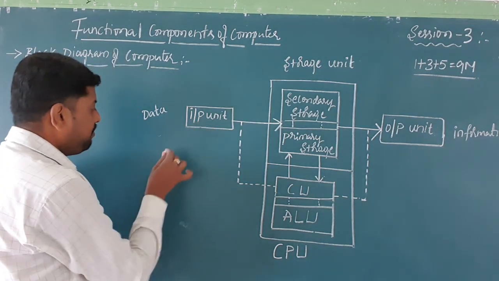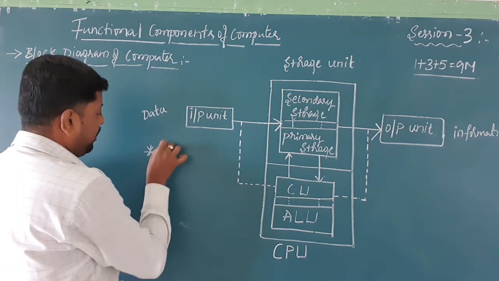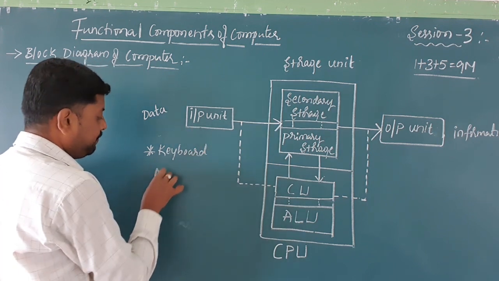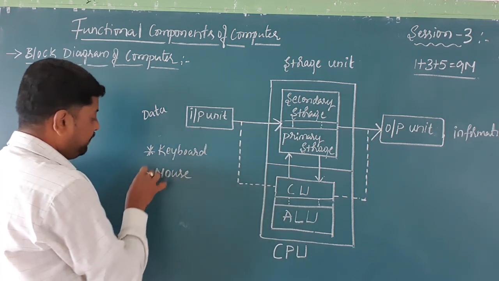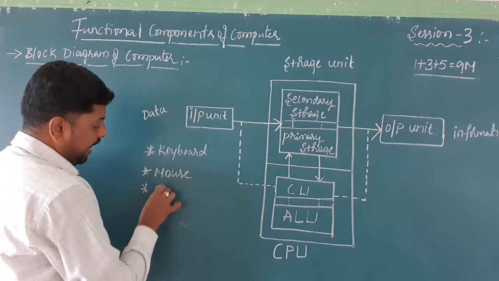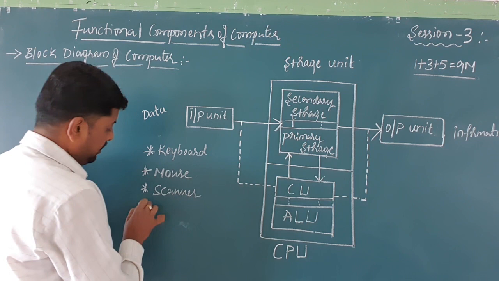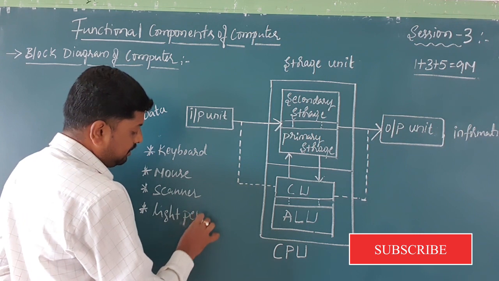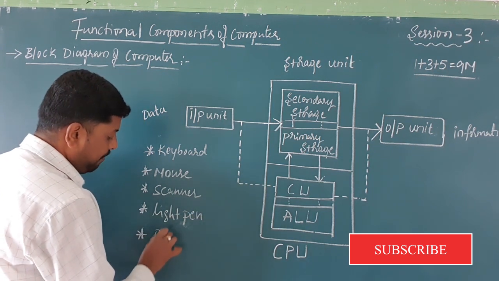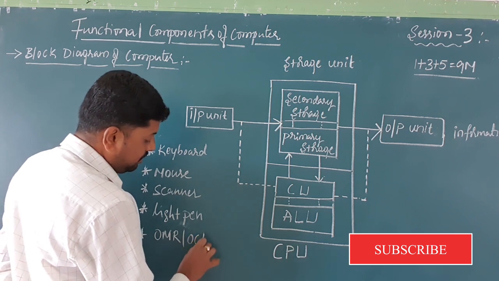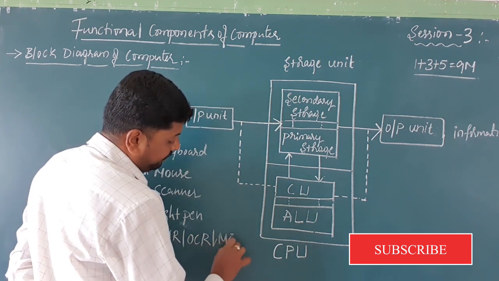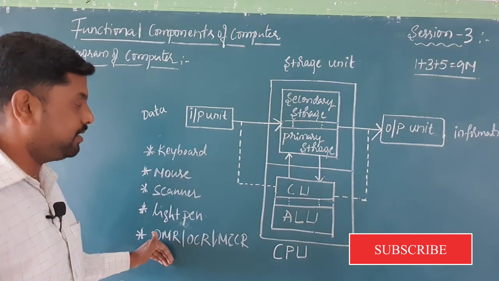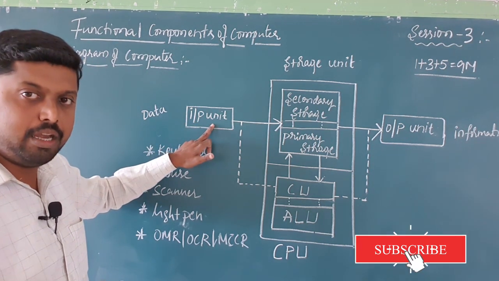Input devices for the computer include the keyboard, mouse, scanner, light pen, and some optical devices like OMR, OCR or MICR. So these are all the devices we have. With the help of these input devices, the user will give inputs to the computer.